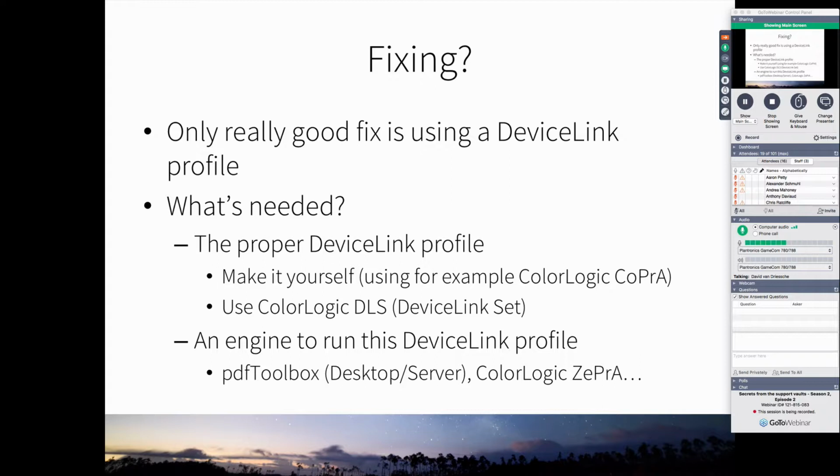How do I go from ISO-coated to PSO-coated, or how do I go from a swap file to an ISO-coated file? But in those DeviceLinks, you will also have tack reduction, and you will have ink save profiles. So the advantage is you don't have to create them yourself, you simply use that DeviceLink set.